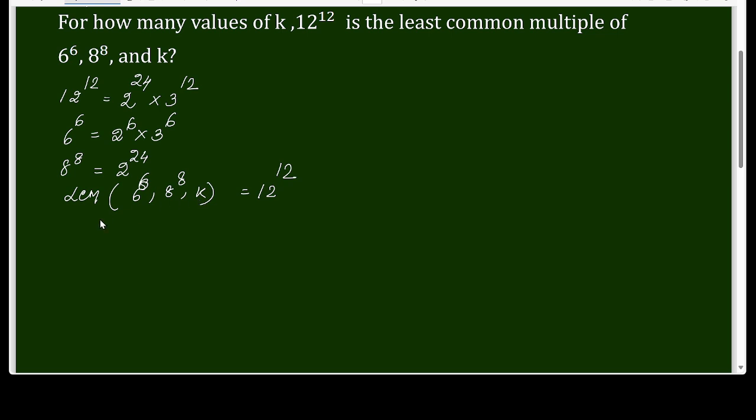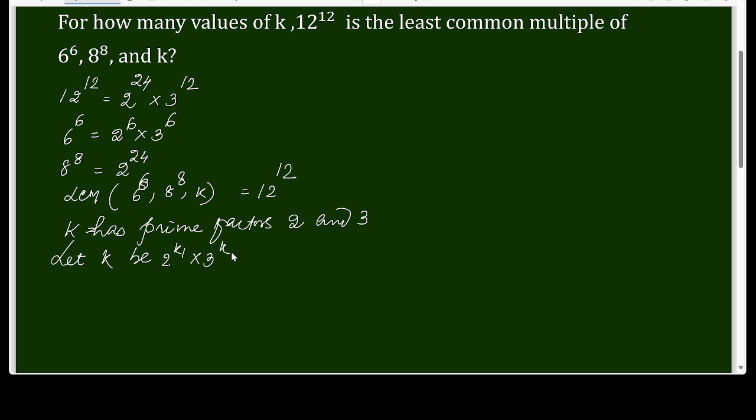So k must have the prime factors 2 and 3. So let k be 2 power k1 into 3 power k2.